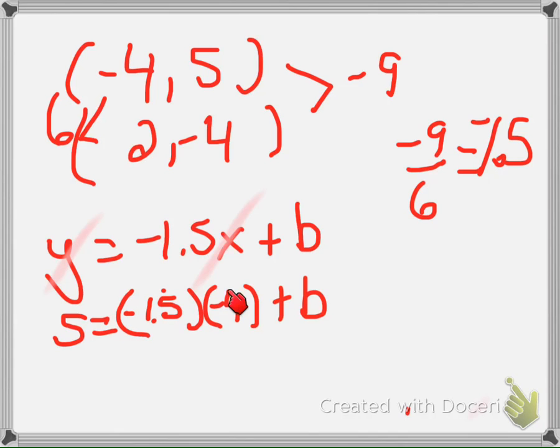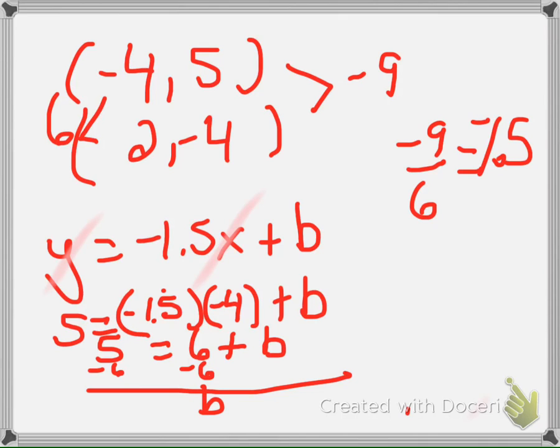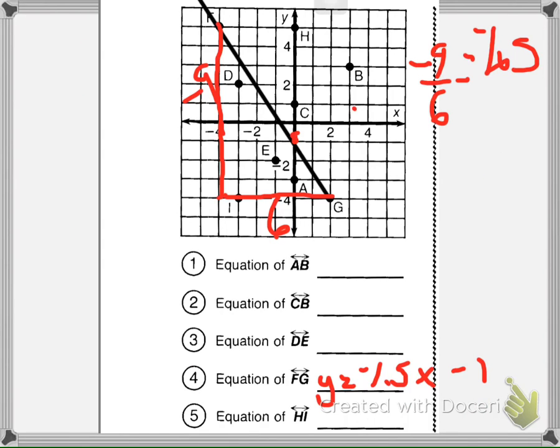Multiply. -4 times -1.5 is 6. How do you get the b by itself? You subtract 6 from both sides. B equals -1. So we have y equals -1.5x minus 1. Same thing we had yesterday when we did it with our slope triangle.